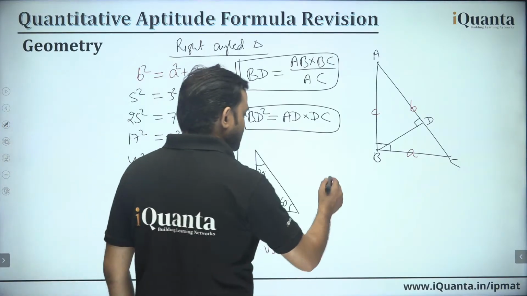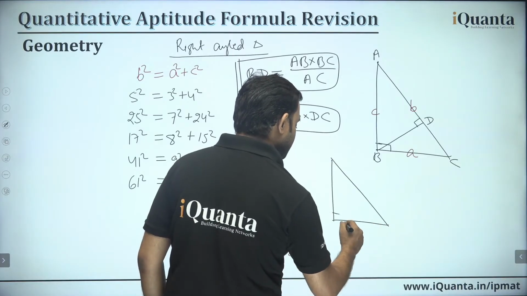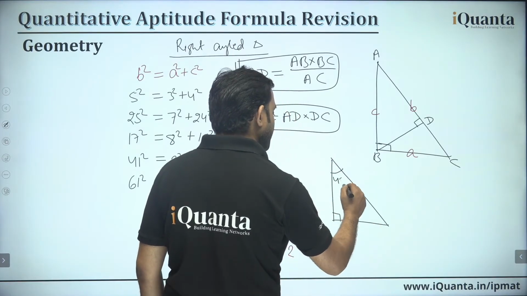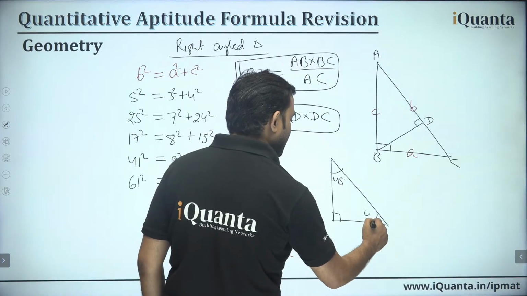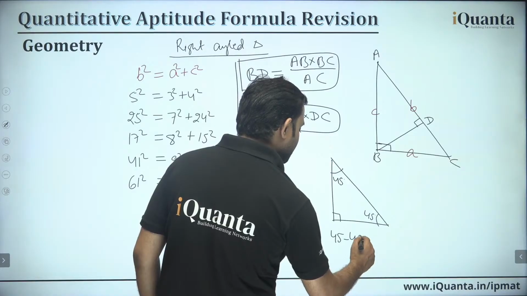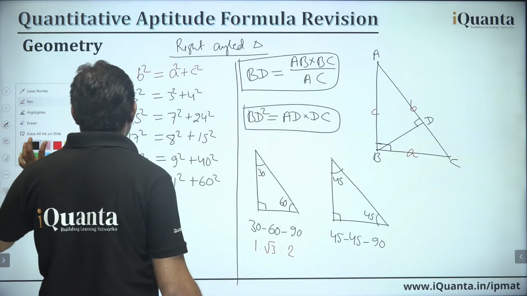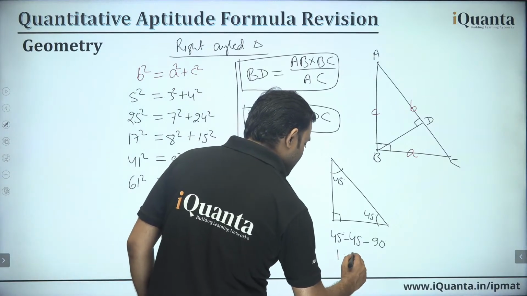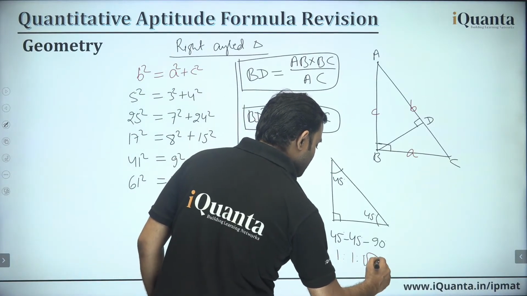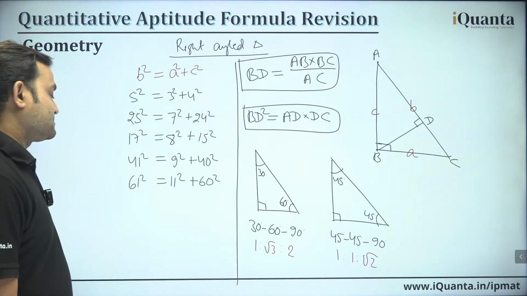Then another triangle, where the angles are 45 degree and 45 degree and 90 degree, then the ratio of the sides of this triangle will be 1:1:√2. These will be the ratio of the side lengths.